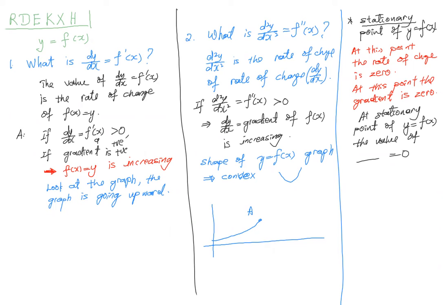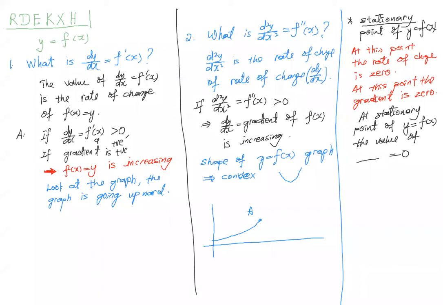Gerald, at a stationary point, the value of what is equal to 0? The value of f(x), the value of f double prime x, or the value of f(x)? Gerald, value of f(x).